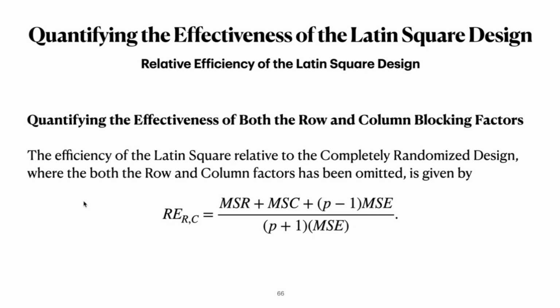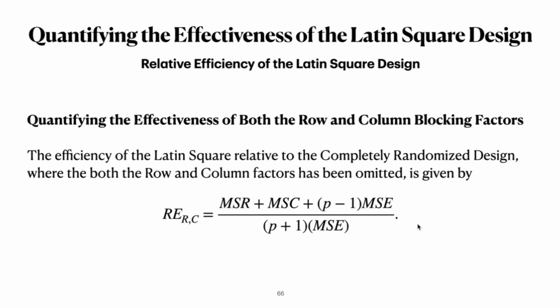The efficiency of the Latin square relative to the completely randomized design, where both the row and column factors have been omitted, is given by this expression. I am denoting this by RE with R comma C in the subscript, which means I'm omitting both of those blocking factors.